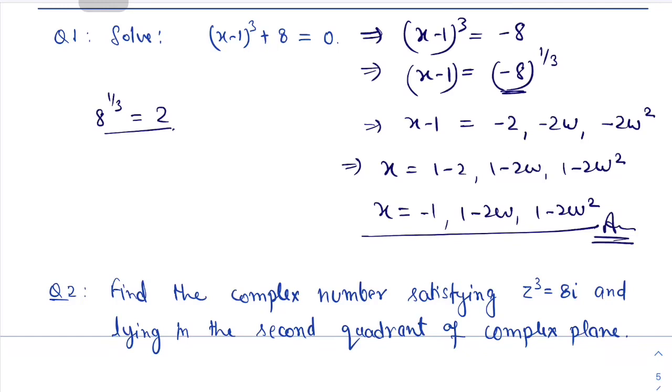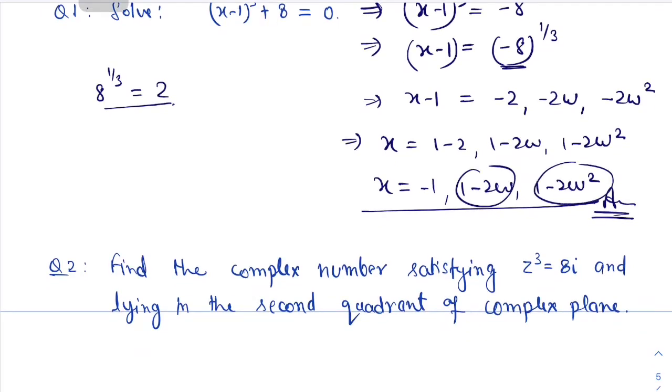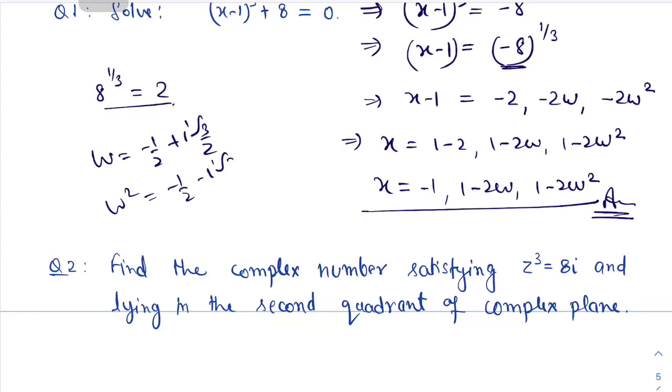Further, we can also put the values of omega and omega square in these two parts. What is omega? Omega is minus 1 by 2 plus iota root 3 by 2. Omega square is minus 1 by 2 minus iota root 3 by 2.